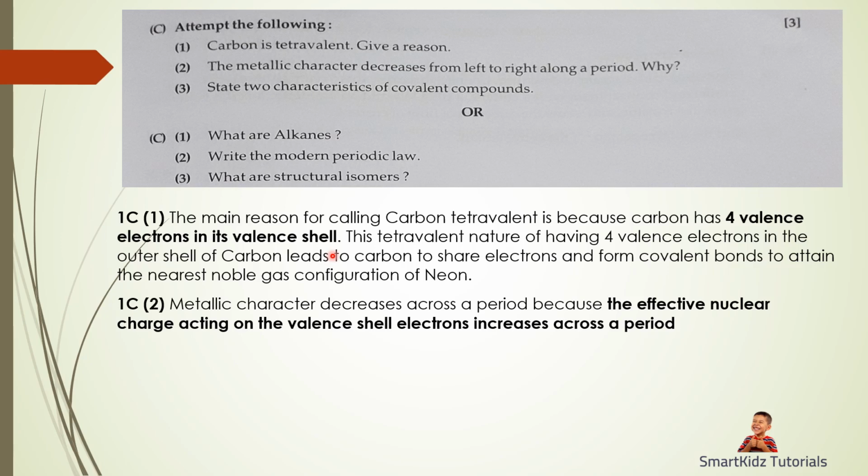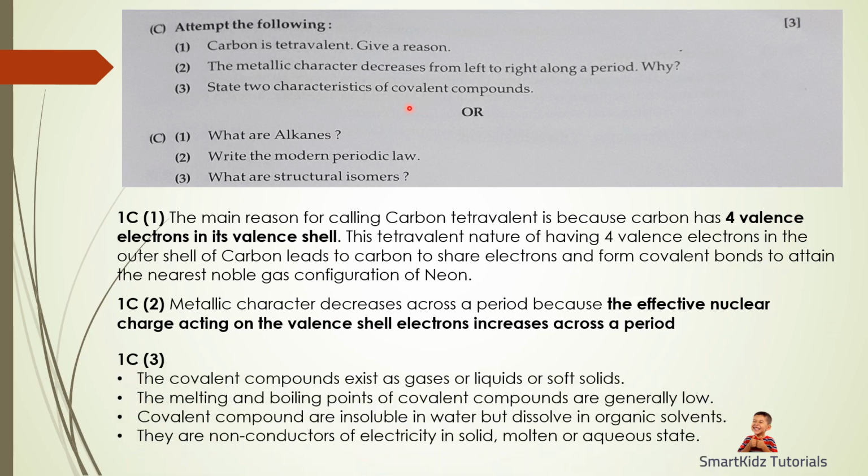But if you go down a group, then there are shells added, and as there are shells added, the electrons in the outermost shell experience less attractive force of the nucleus. As a result, the metallic character is known to increase down the group. But our question was asking, why is it that the metallic character decreases from left to right along a period? That is because of the increase in the effective nuclear charge acting on the valence shell electrons.